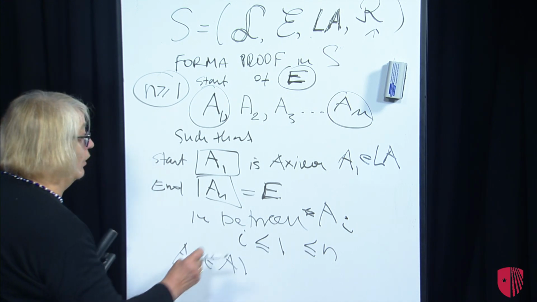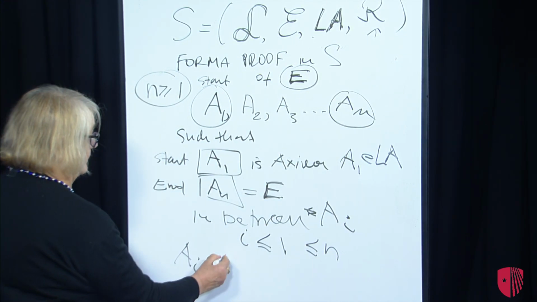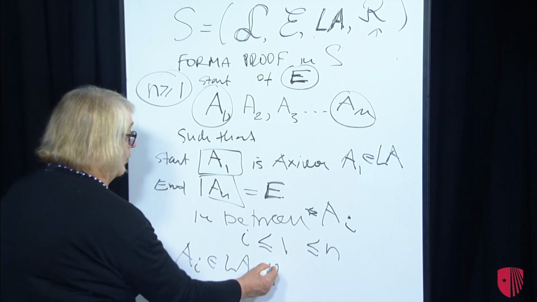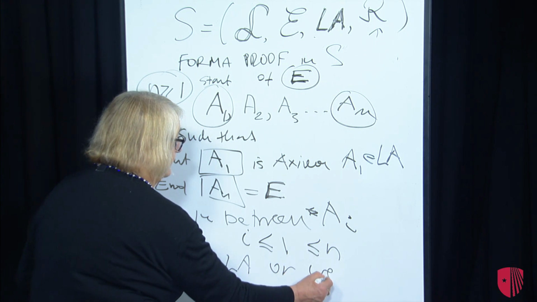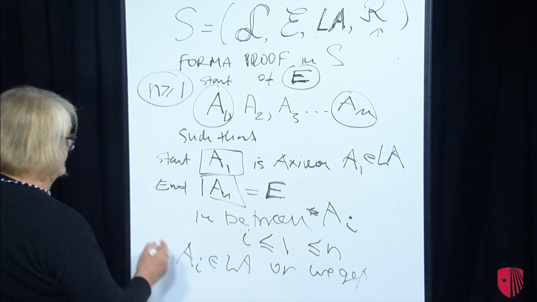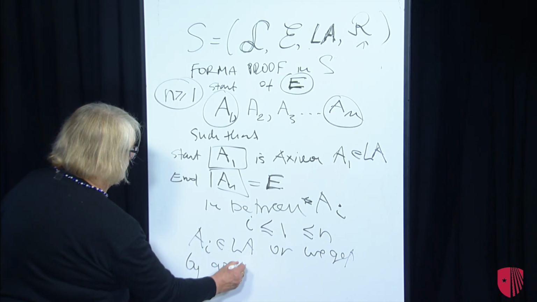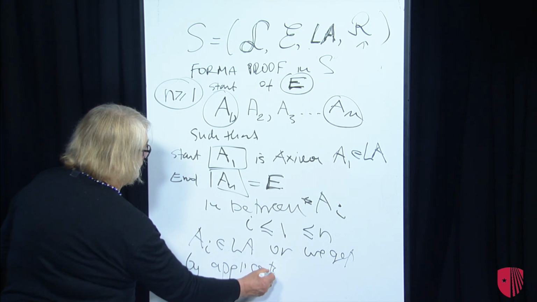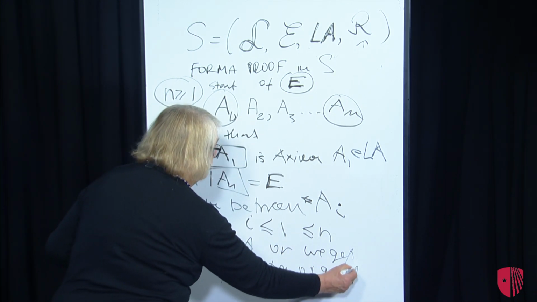So it means you can always put in an axiom, or we get it by application of a rule of inference.